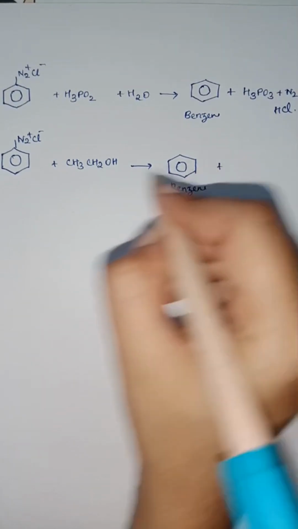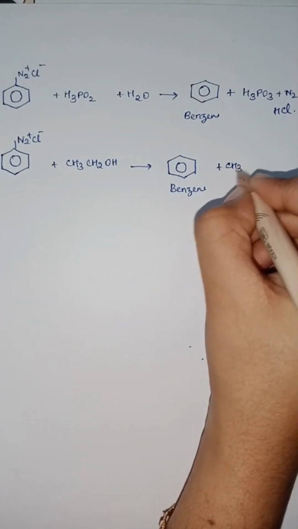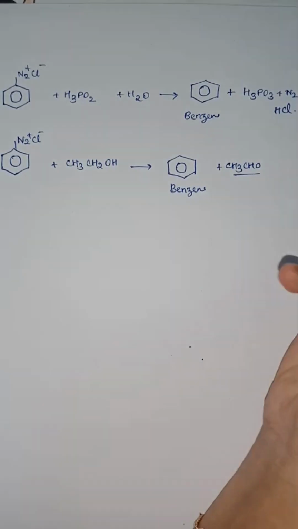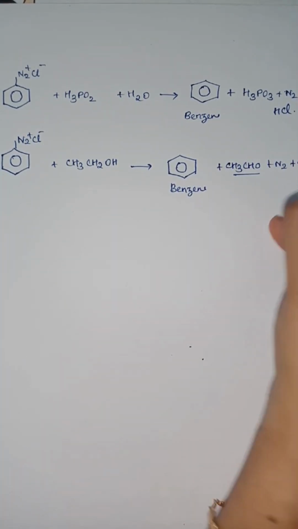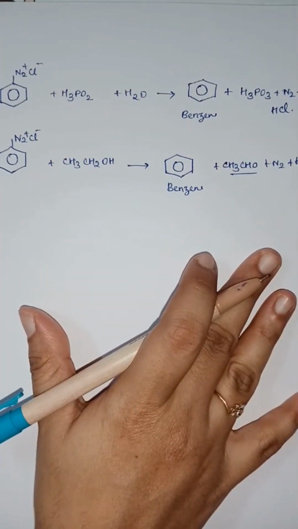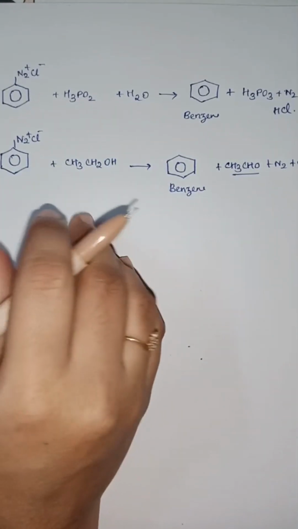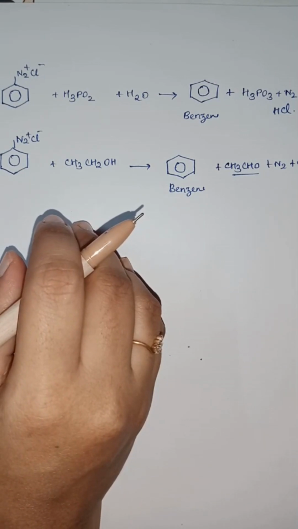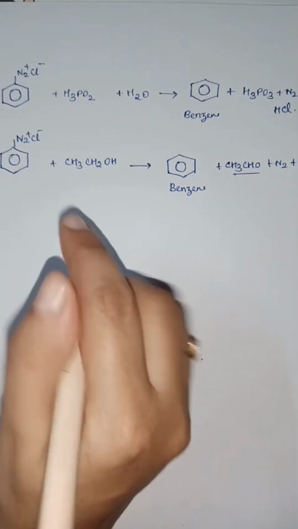Along with that, this ethanol itself gets oxidized into ethanal, right? And we will get N2 and HCl as the products. Clear? So these reactions involve replacement or displacement by a hydrogen atom. Next, how can we displace the diazonium group by a hydroxyl group?